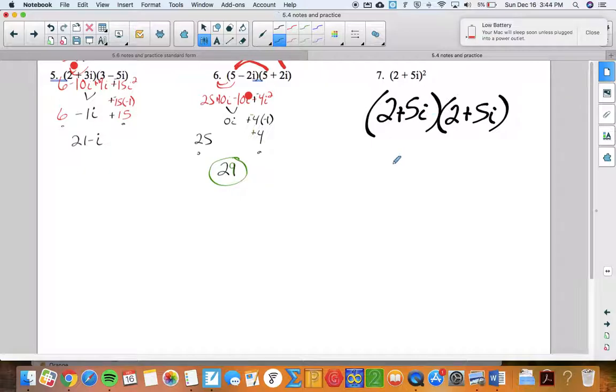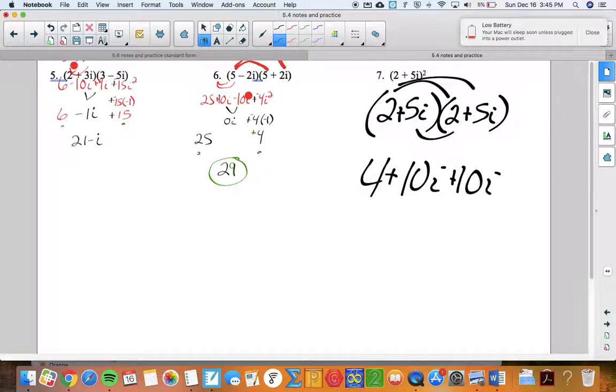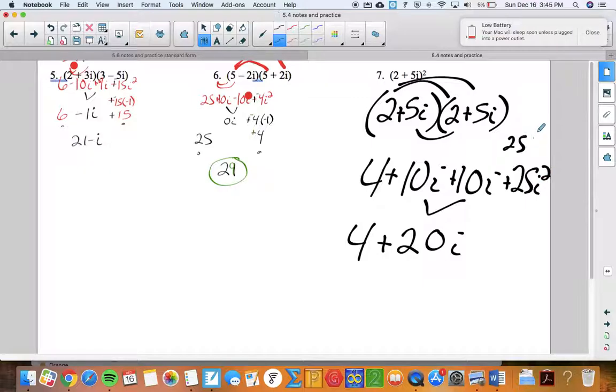And now we FOIL. So we get 4 plus 10i plus 10i plus 25i squared. So this becomes 4 plus 20i, and 25i squared is the same as 25 times -1, which is -25.